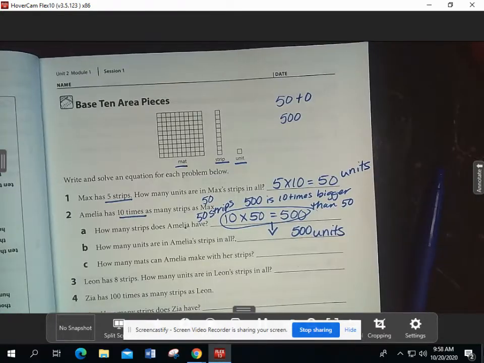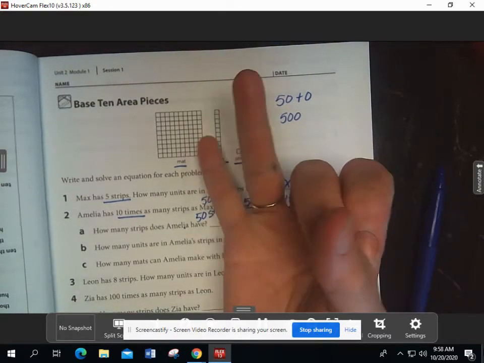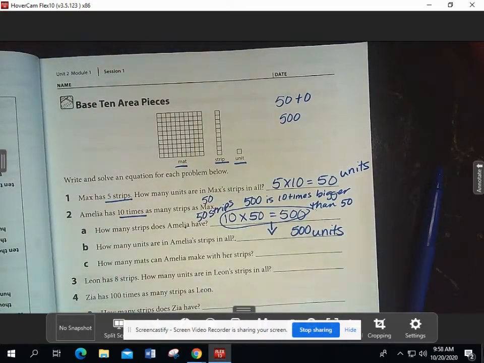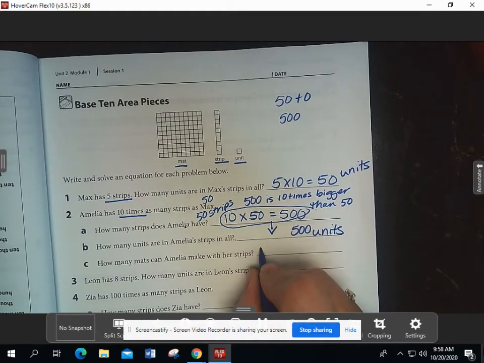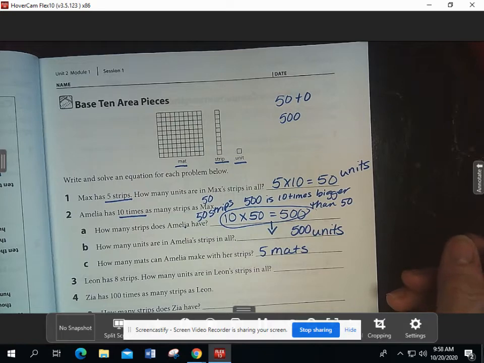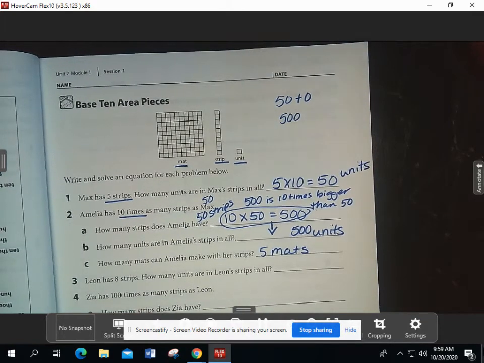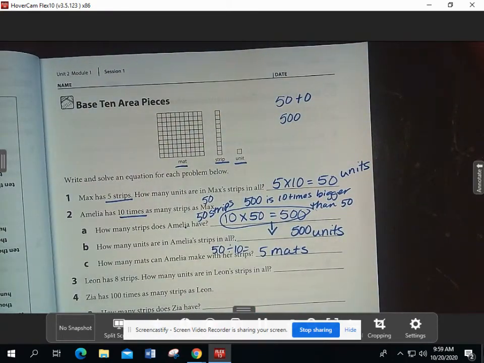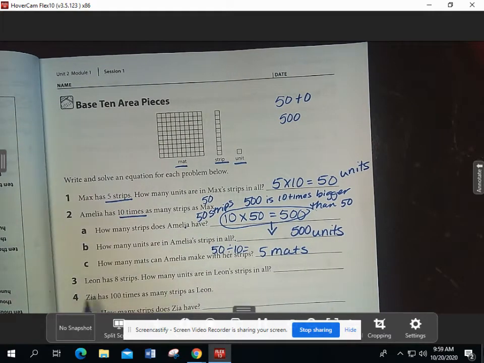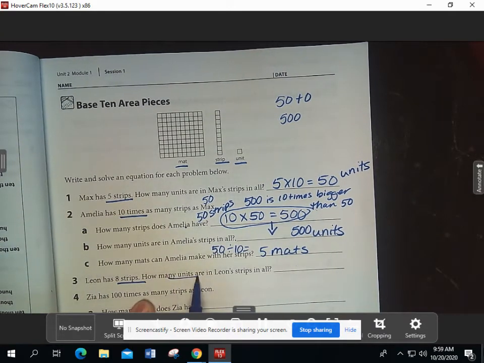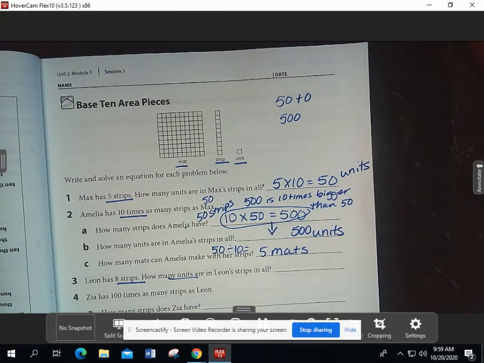If she has 50 strips and each mat has 10 strips in it, we go 10, 20, 30, 40, 50. Correct? How many mats is that? Yeah. You know what you just did, though, actually, is you divided. You did 50 divided by 10 equals 5. Oh, you guys are dividing. Oh, okay. Now, let's make certain that I do this in the right order. Leon has 8 strips. How many units does Leon have in his strips?